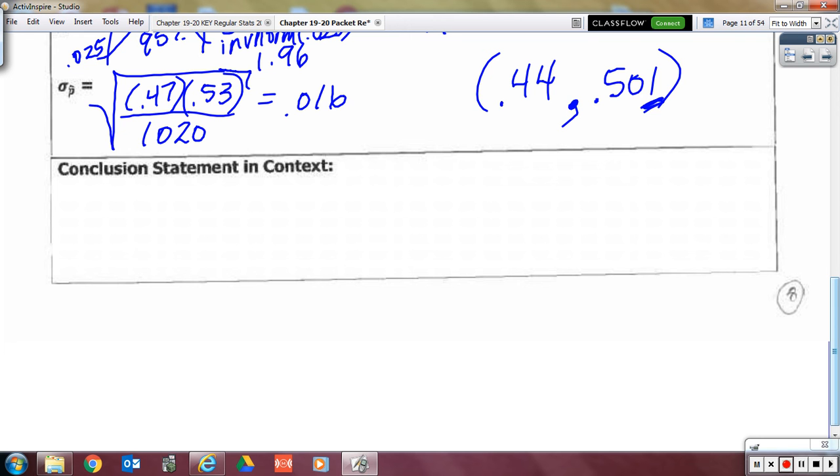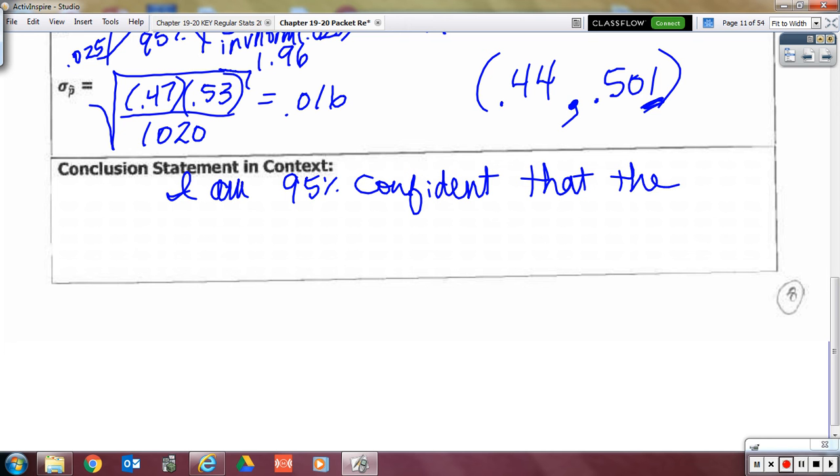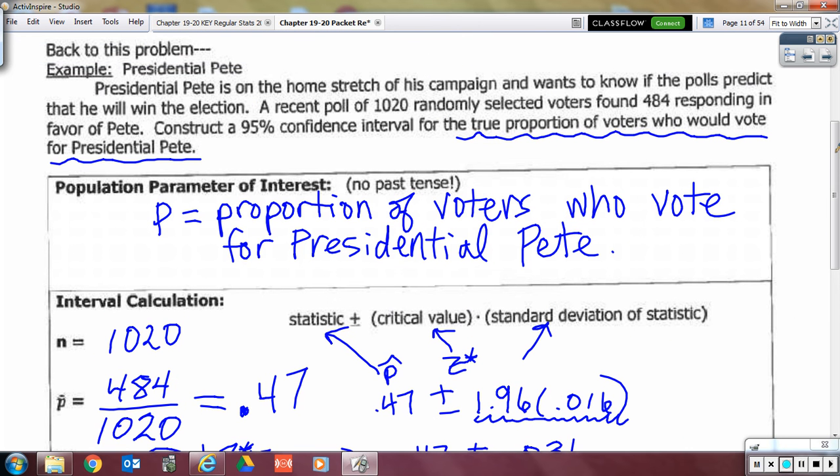Okay. All right, so our conclusion statement. How does our conclusion statement start? I am 95% confident that the, what? Good. True proportion. And then this comes straight up from your thing that you wrote up earlier. The true proportion of voters who vote for Presidential Pete. Okay? So that's always going to come straight from there.